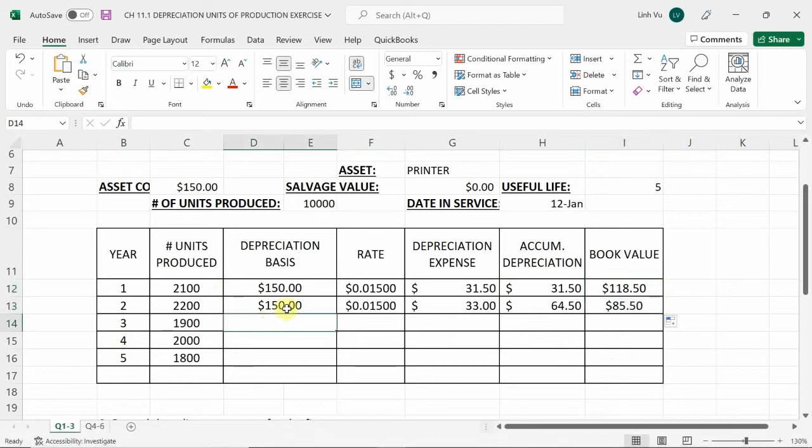What's my depreciation basis as of year 3? 150. It's the same. What is it going to be for year 4? It's the same. What's it going to be year 5? It's the same. It's all going to stay the same. What about my per unit rate?